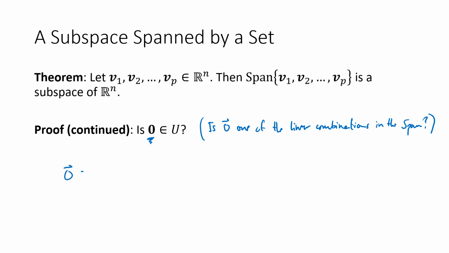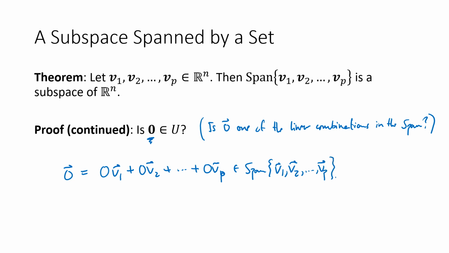Well, all we have to do is construct a linear combination that gives us the zero vector. And we can do that simply by using the scalar 0 as the weight for every vector. And that is in the span of those vectors, because that is one of the linear combinations that we can construct. Now, maybe these vectors are linearly dependent, and maybe there's a different way to construct the zero vector. We don't care about that. All we care about is whether or not there is some way to construct the zero vector.